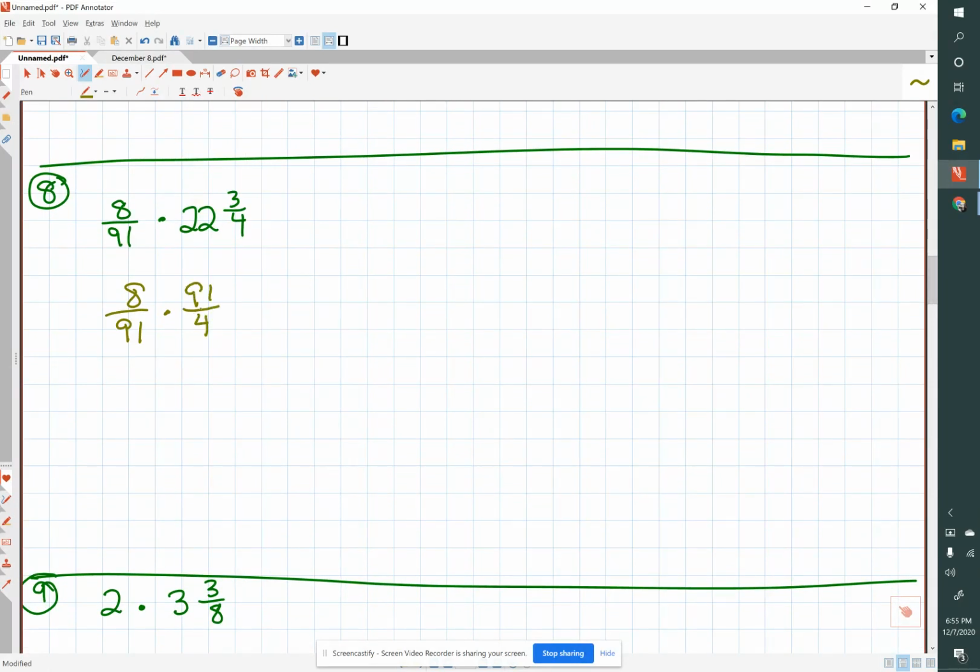And this problem is about to get really easy because 91 divided by 91 is 1. 4 divided by 4 is 1, and 8 divided by 4 is 2. 2 times 1 is 2. 1 times 1 is 1. The final answer is 2.